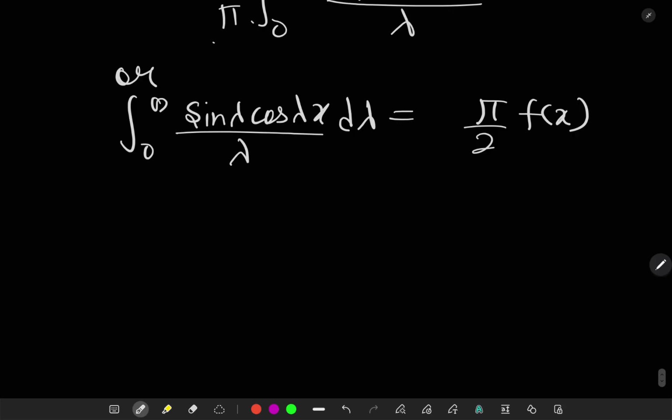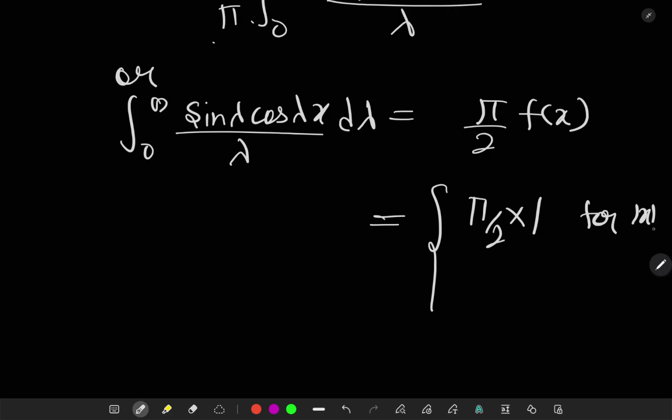So we can write here π/2 into 1 for |x| less than 1 and π/2 into 0 for |x| greater than 1.